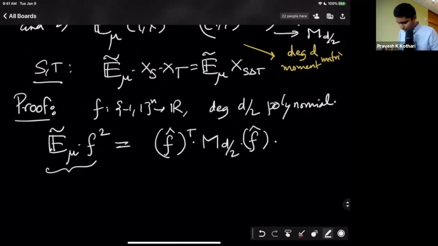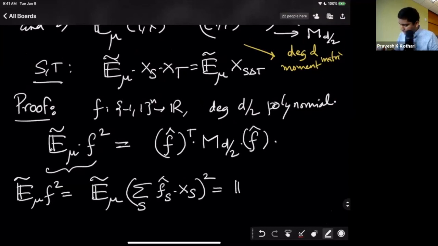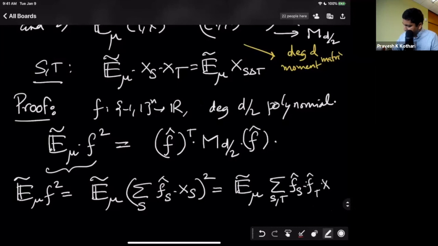So pseudo expectation of f square equals, let's write it down in the coefficient vector representation. So this equals sum over s f hat s xs square. So far so good. This equals, I'm just going to mechanically expand the square, so I can have pairs of s and t now. f hat s f hat t xs xt.